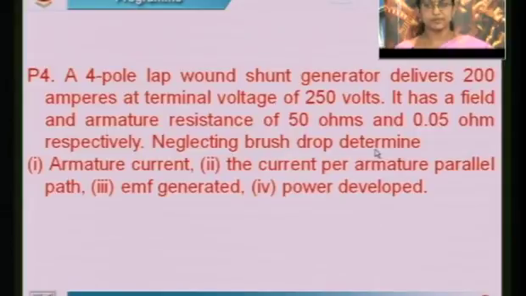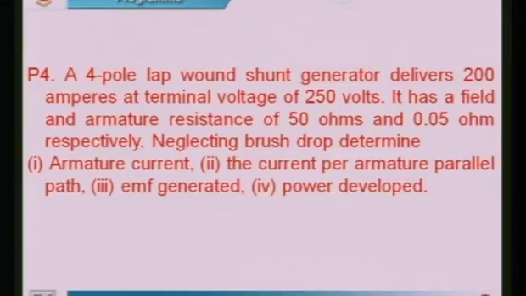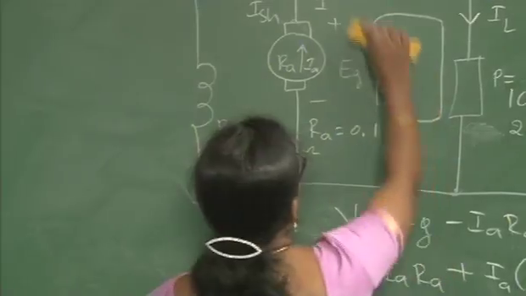Neglecting brush drop, determine the armature current Ia, the current per armature parallel path, the generated EMF Eg, and the power developed, that is Eg into Ia. Since it is lap wound, the number of parallel paths is equal to the number of poles, that is 4. The connection is the same, only the feeder is not there.